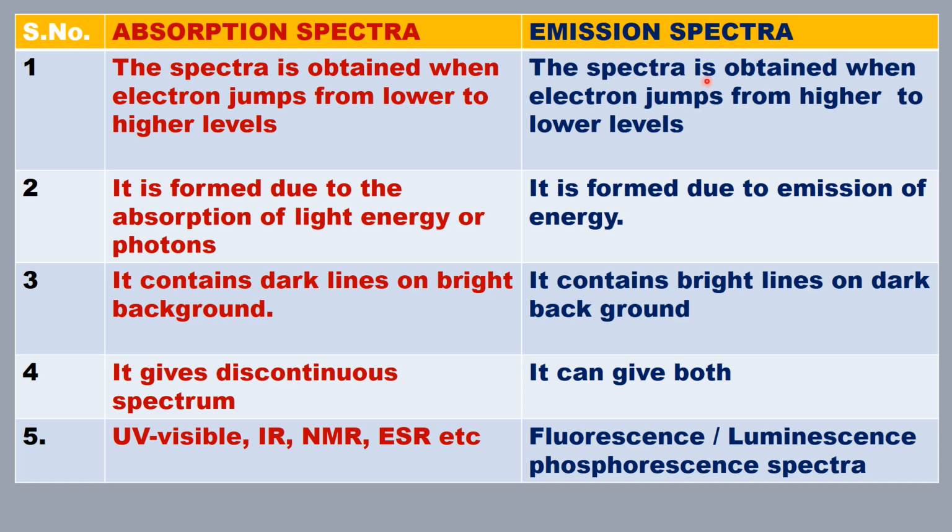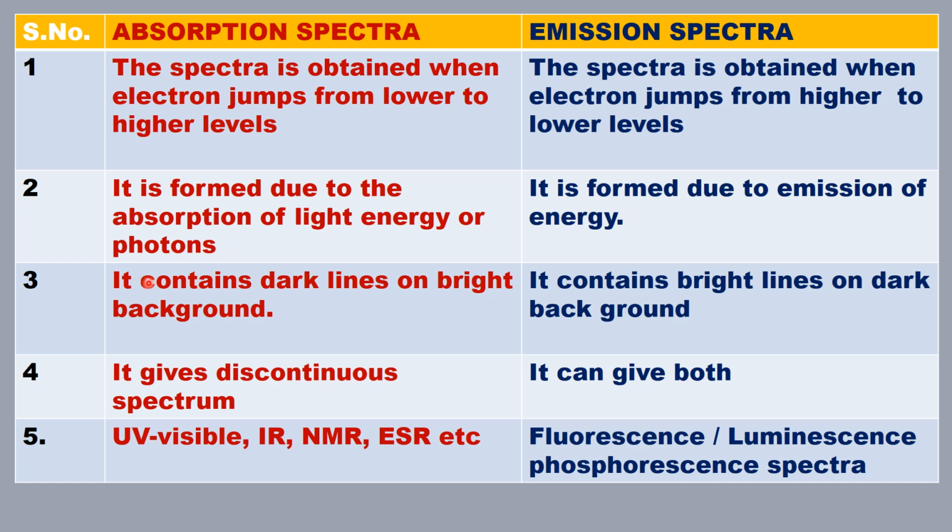Whereas the emission spectra is due to when an electron jumps from a higher level to lower ground state levels. Absorption spectra is formed due to absorption of light energy, electromagnetic radiations or photons. Emission spectra is formed due to emission of electromagnetic energy.